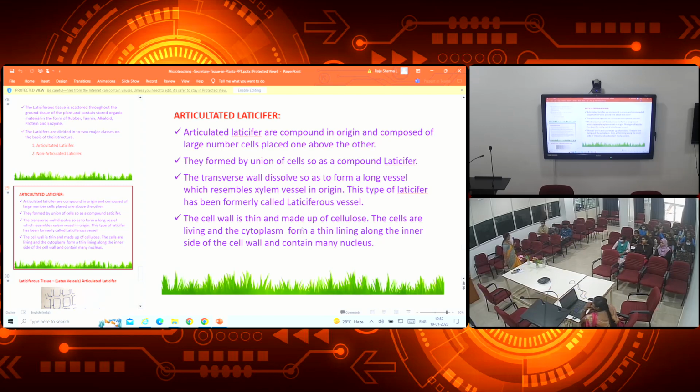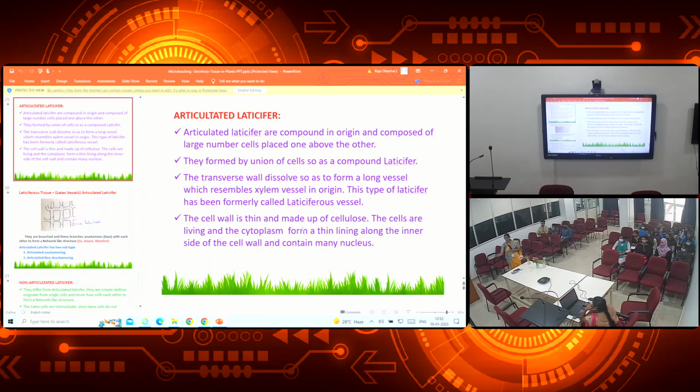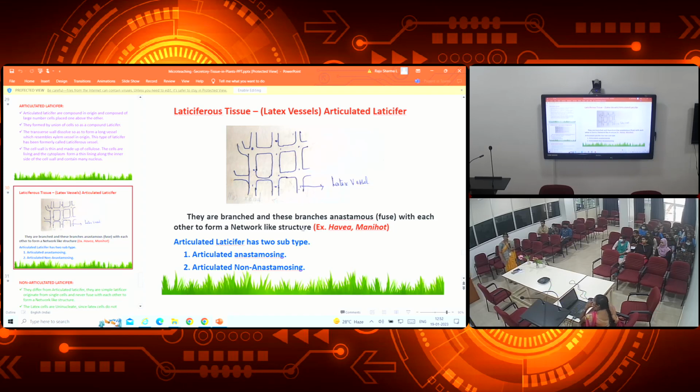Likewise, articulated lattice is also formed by a compound origin. Many cells will be grouped together to form this structure, which is known as compound lattice. It can also be represented as latex vessels, for example Hevea or Manihot.